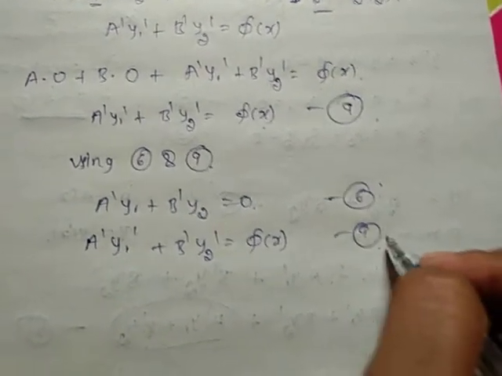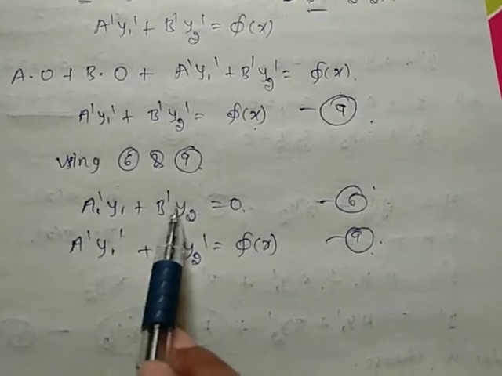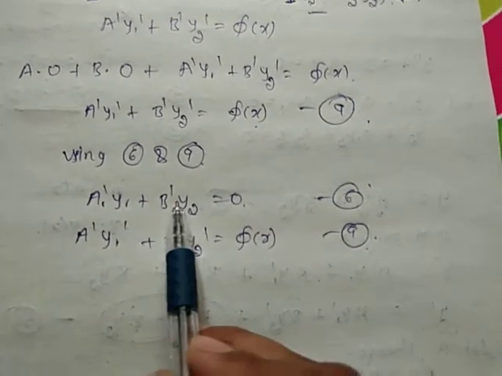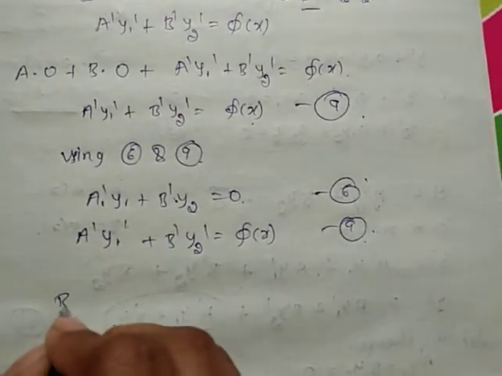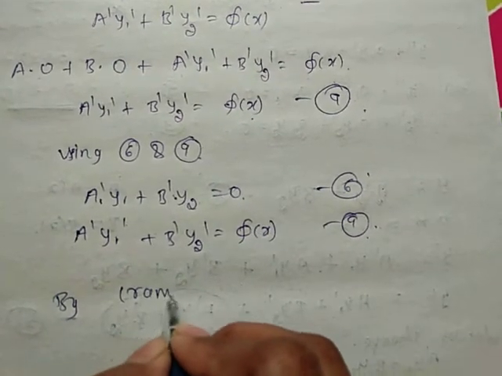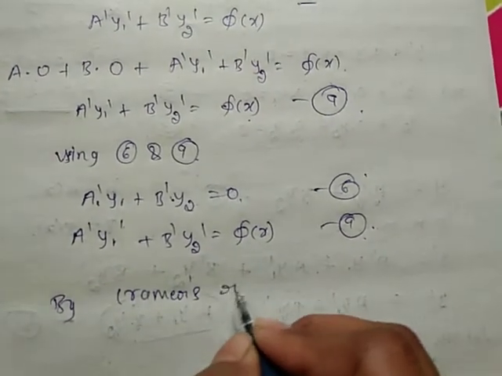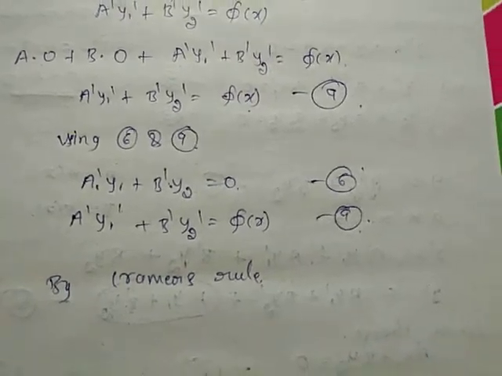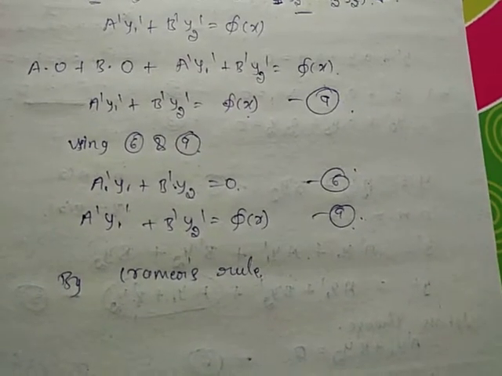Using these two equations, we can solve for a dash and b dash. We solve a dash and b dash by Cramer's rule.